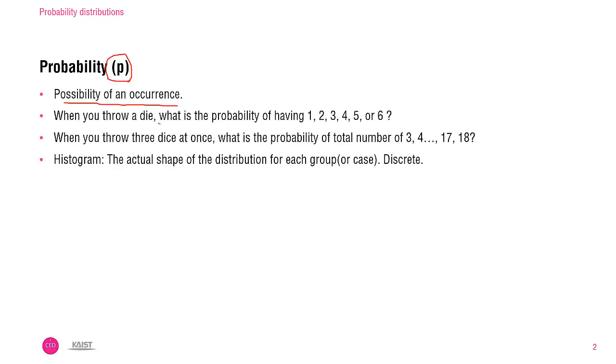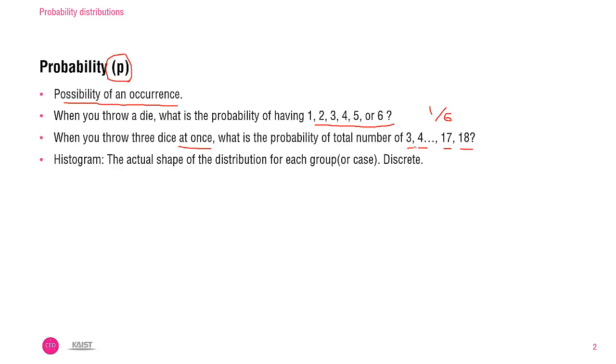When you throw a die, the possibility of having any of these 6 numbers should be equally 1 over 6. It's an easy question. Now you have 3 dice and you throw them at once. What is the possibility of having a total number of 3 or 4 or 17 or 18?